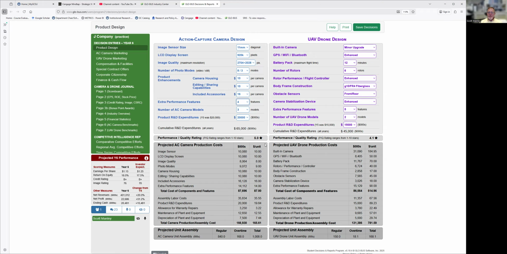So when I increased my PQ rating to 5 stars, what you'll see is that I only increased my cost by about 10 bucks as I did that. Increased PQ rating by 25% from 4 stars to 5 stars, but my cost only went up incrementally.